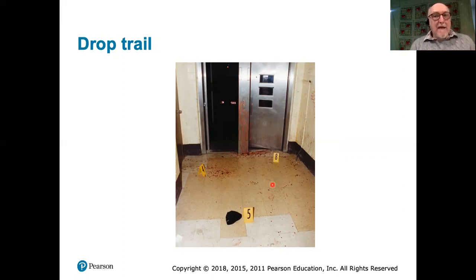But drop trails are very carefully examined because, as I've told you, the source is often the perpetrator themselves. This is especially the case where a sharp object has been used or where a blunt object, the fist, has been used. Very frequently, a perpetrator will injure themselves and leave a blood trail. So drop trails or drip trails are very, very carefully examined. They may prove to be extremely important.